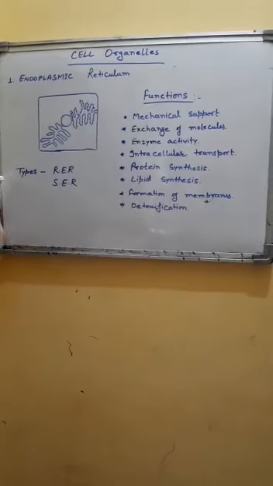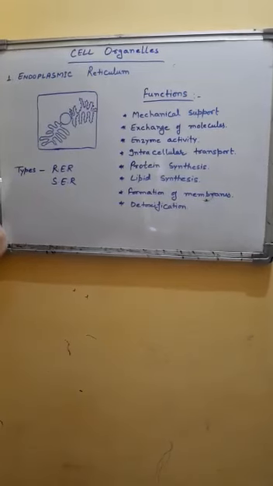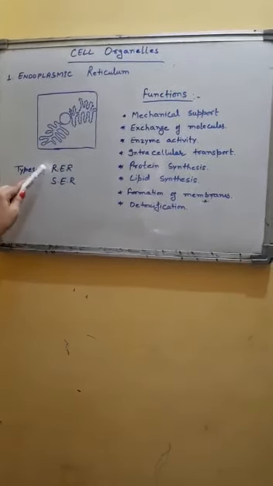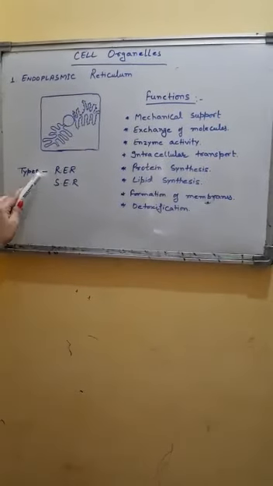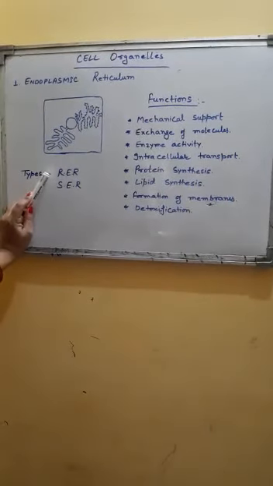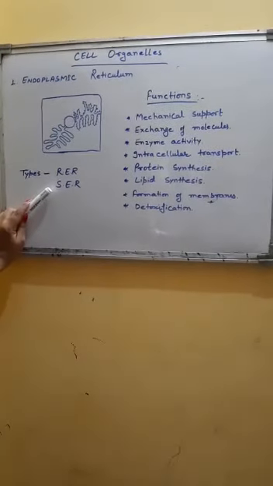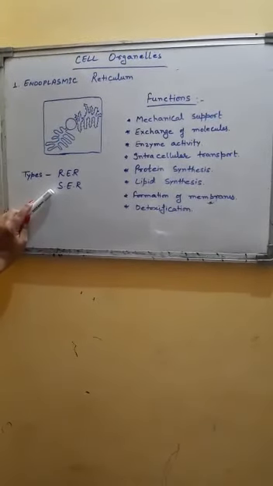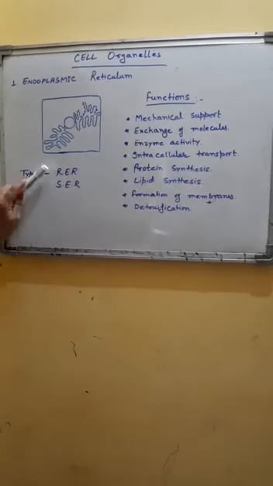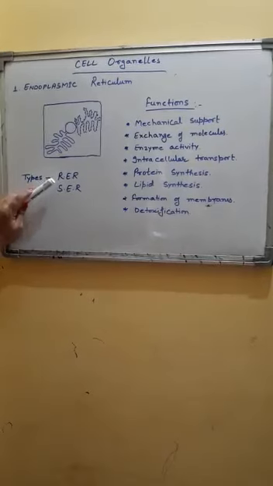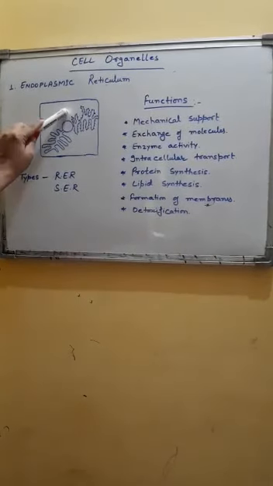Types of endoplasmic reticulum. The endoplasmic reticulum is divided into two broad types: RER, which stands for rough endoplasmic reticulum, and SER, which stands for smooth endoplasmic reticulum. RER is also called granular endoplasmic reticulum and it is studded with ribosomes.